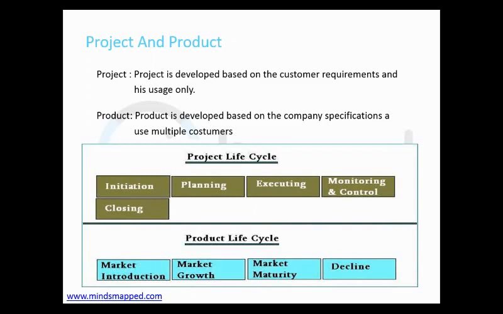For that, we'll be doing market introduction, then checking the market growth, analyzing different software which is already available, and the future of this application. Then market maturity: we'll be checking the maturity level of the software we are creating. Then decline, after which we are declining or accepting that project.